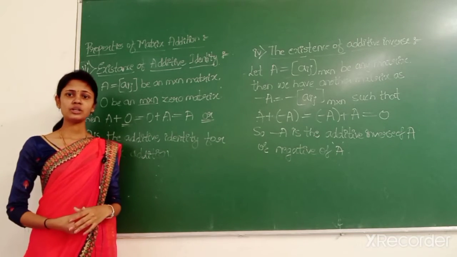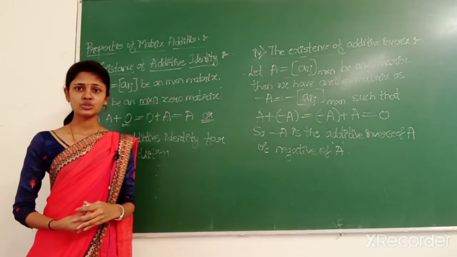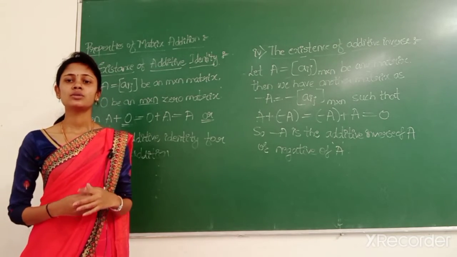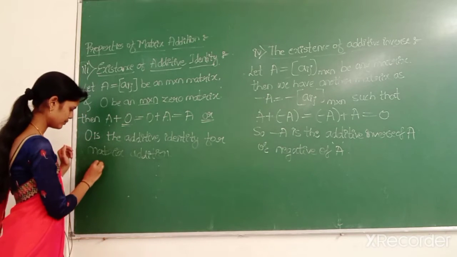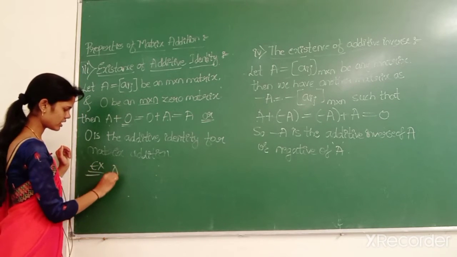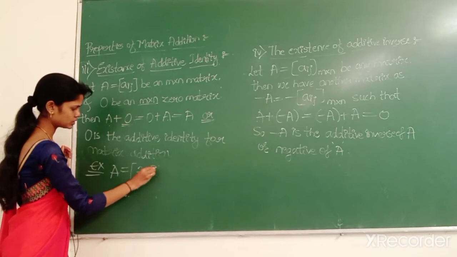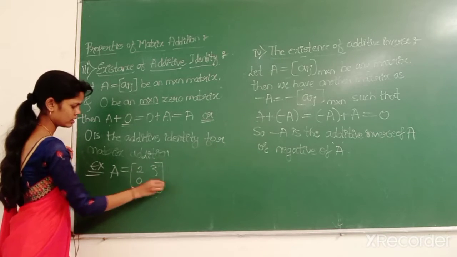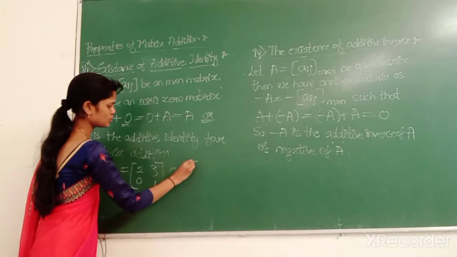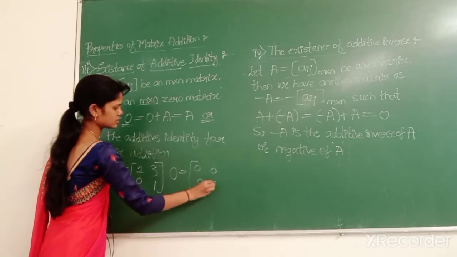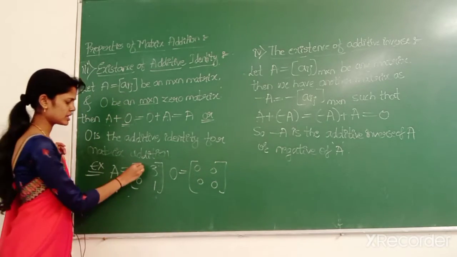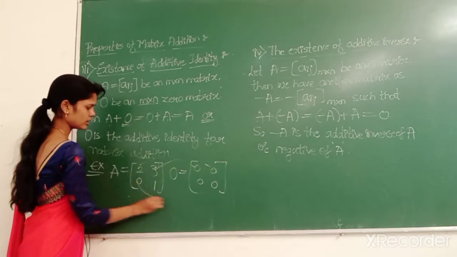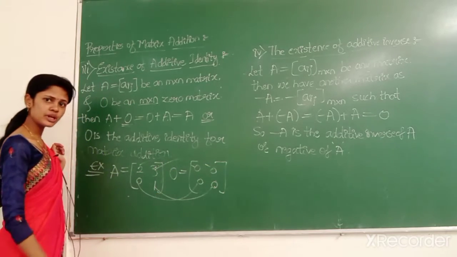That means whenever you add the zero matrix to any other matrix, you must get the given matrix once again. For example, if you take A = [2 3; 0 1] and O is a null matrix [0 0; 0 0], and you add these two matrices, corresponding elements must be added here.